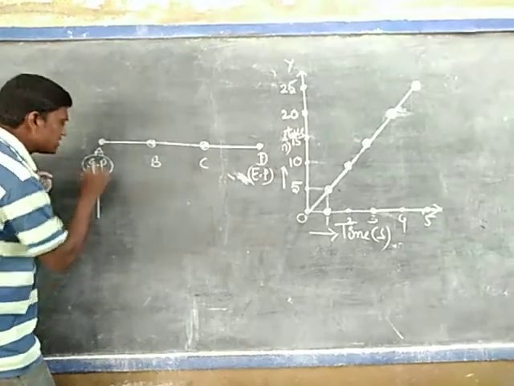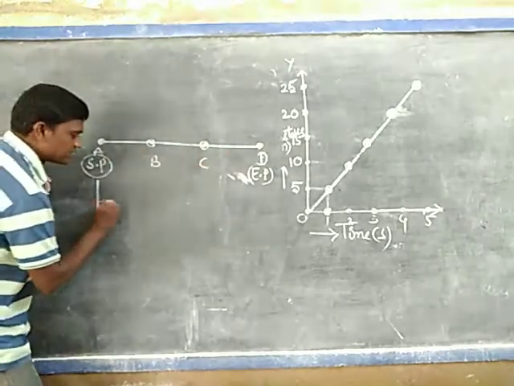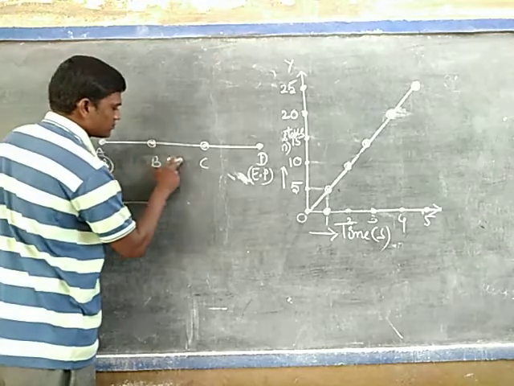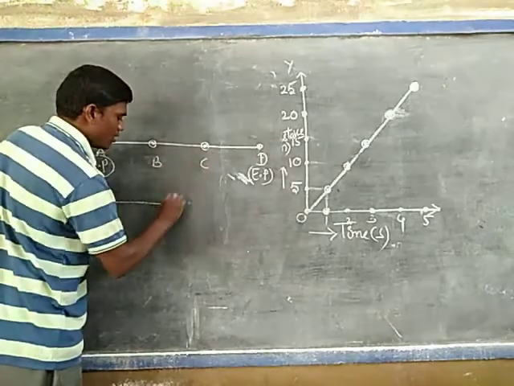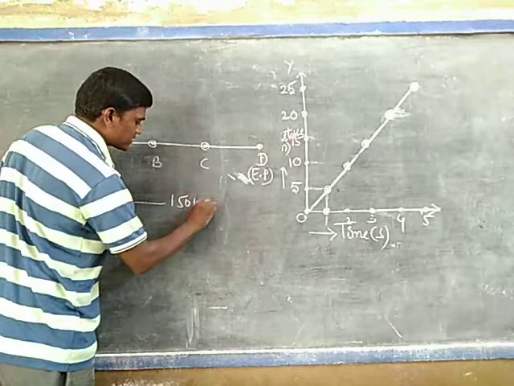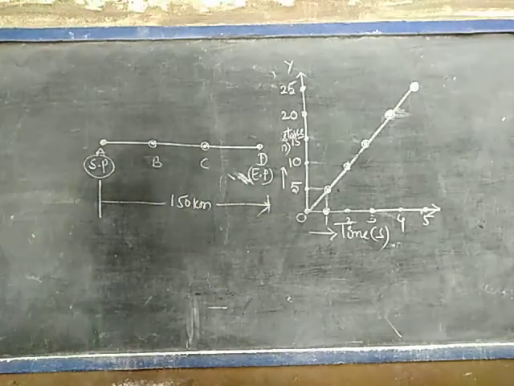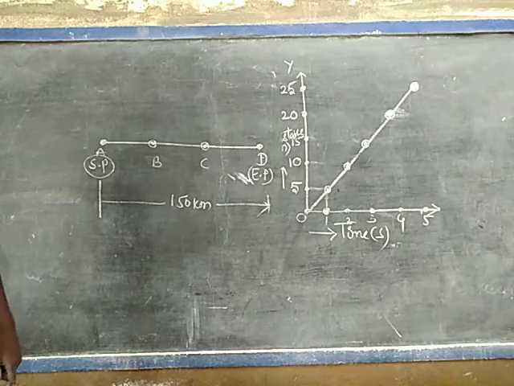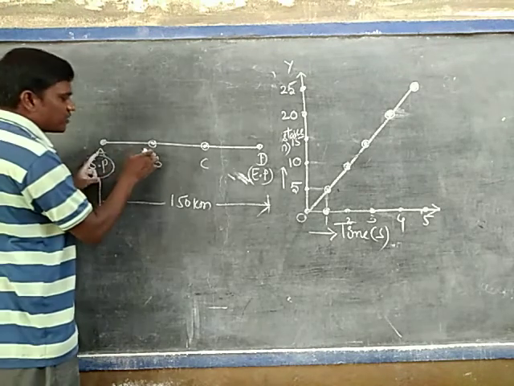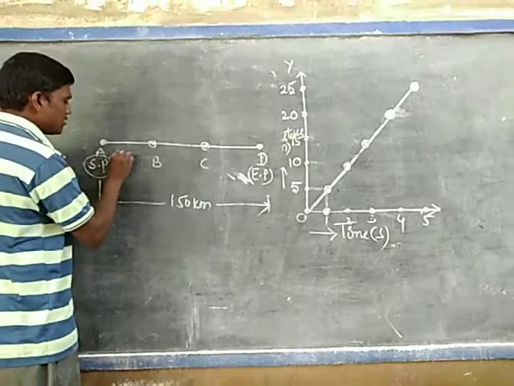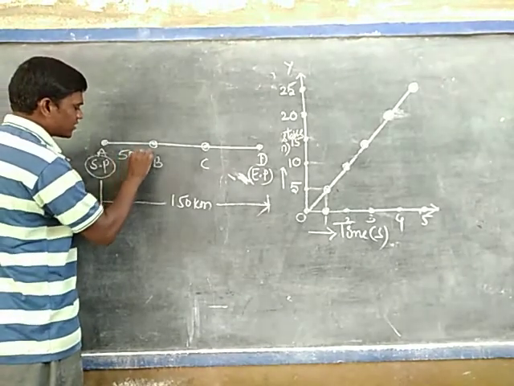So the total distance from A to D is 150 kilometers. Just we consider that. So what is the total distance from A to D? 150 kilometers. Now A to B is how much? 50 kilometers.